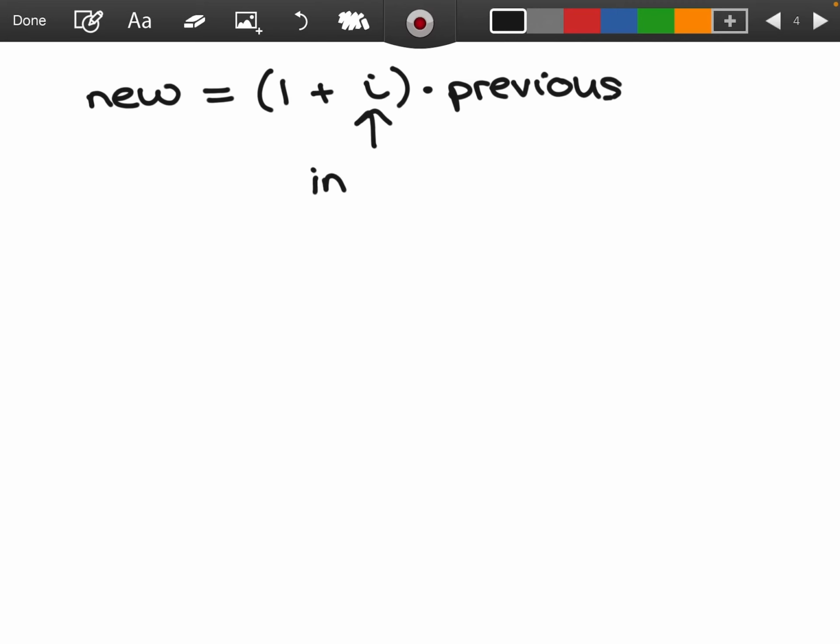So whenever I'm trying to get my next value, we'll call it our new value, it's always this formula here.